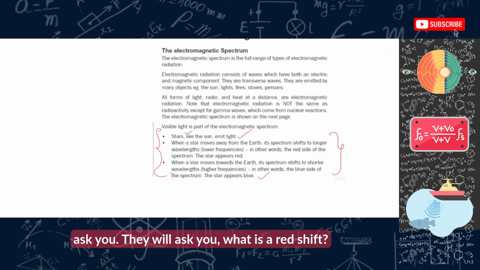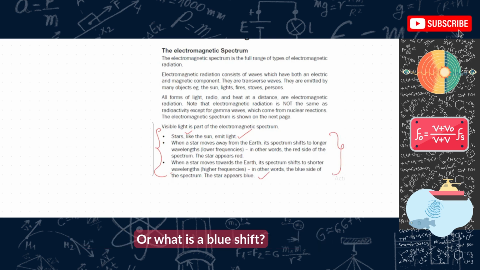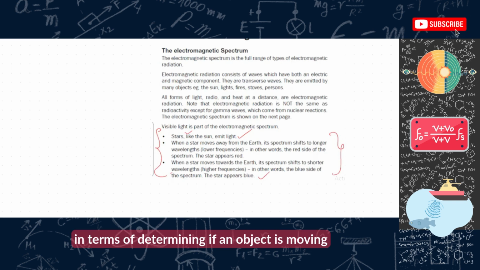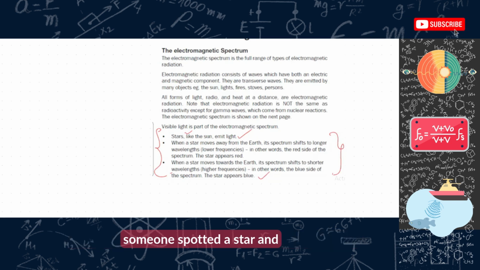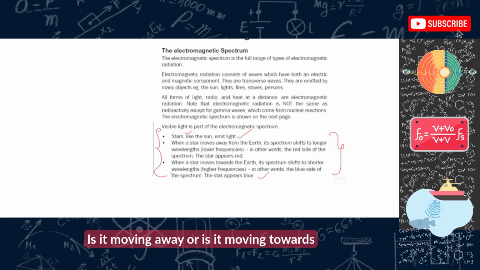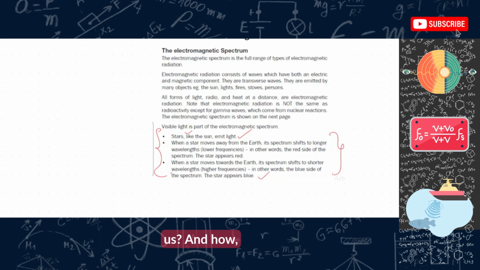They will ask what is a redshift or what is a blue shift, or how we use the understanding of wavelength, frequency and color to determine if an object is moving close to us or away from us. They could also give you a question where someone spotted a star and the star was red. Is it moving away or towards us?